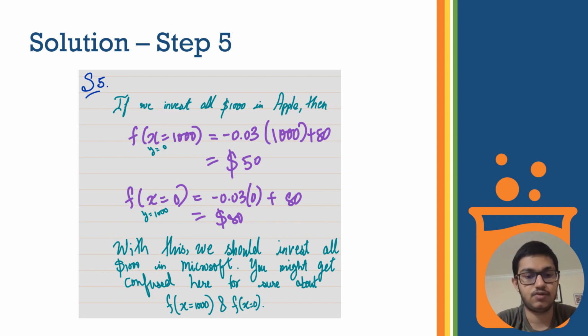That gives us $50. So that was the return that we get on $1000, $50. But if we keep f of x equal to 0, then we get $80. So what this whole thing means, we should invest all of that $1000 in Microsoft.